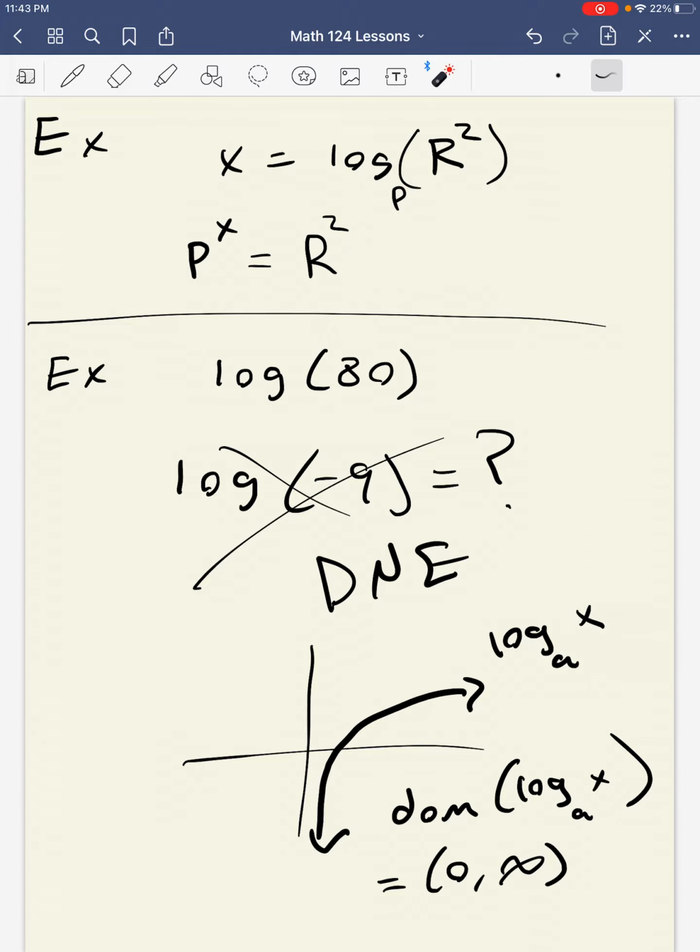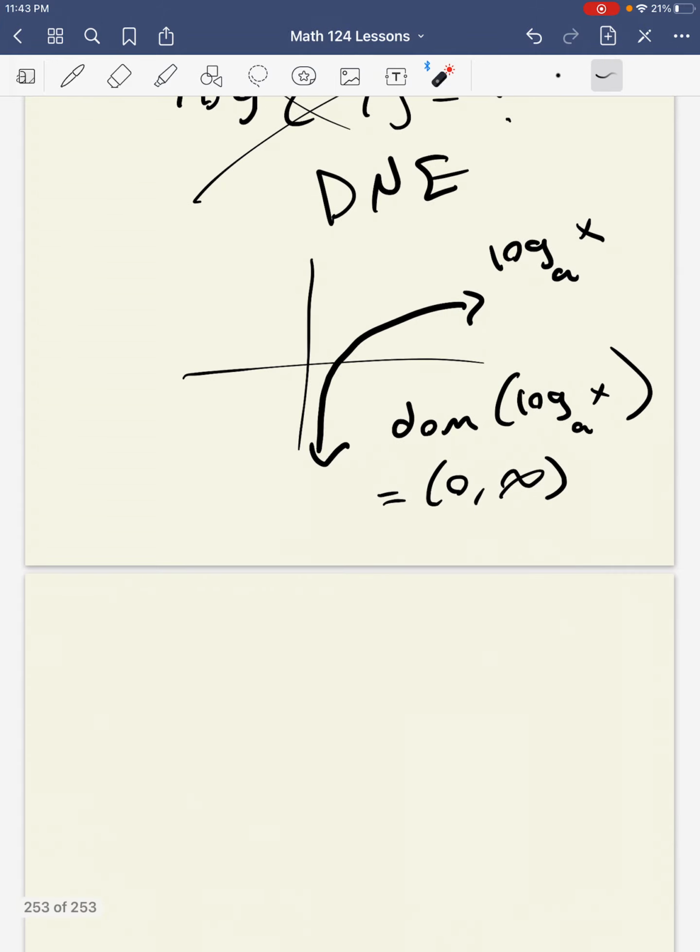Okay, and then the last thing I want to talk about is change of base formula. So say we're dealing with a logarithm and you do not like the base. Well, there's a formula to change it, and it's this formula here.